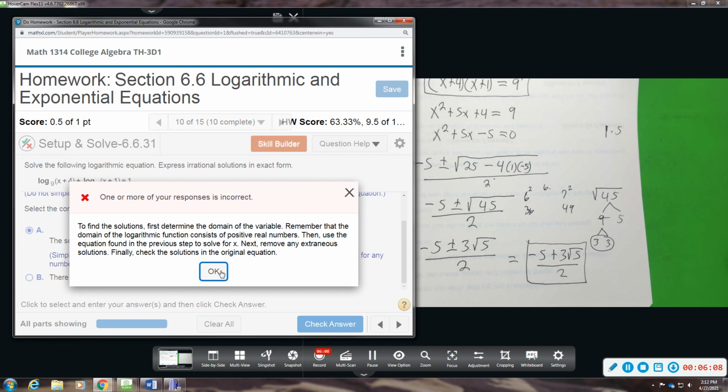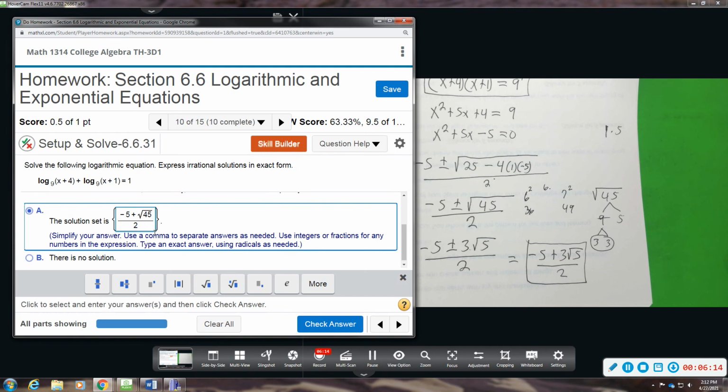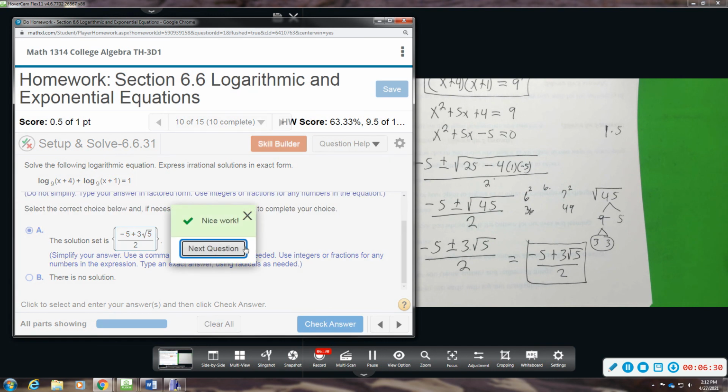It doesn't even tell us that your answer is in the correct form, so just be very careful here. Normally it would say that your answer is equal to the correct answer but is not in the correct form. It didn't even tell us that. So just add a 3 square root of 5. So this is the reduced form. And that's it. So make sure you reduce it all the way down.